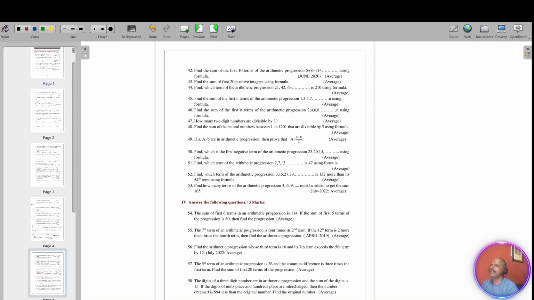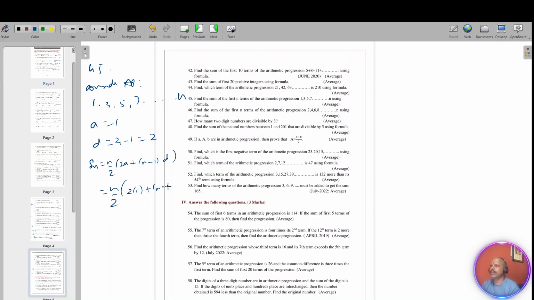45. Consider AP 1, 3, 5, 7 and so on, till N. So here A equal to 1, D equal to 3 minus 1, 2. Number of terms we don't know, N only. So Sn is equal to N by 2, 2A plus N minus 1 into D. N by 2, 2A means 2 into 1 is 2, N minus 1 same, D is 2.